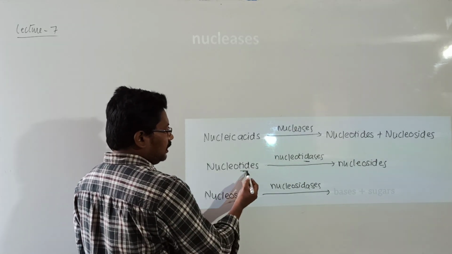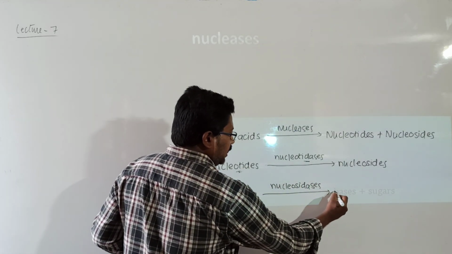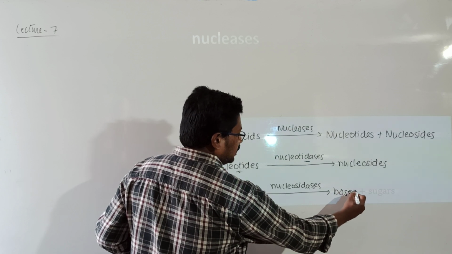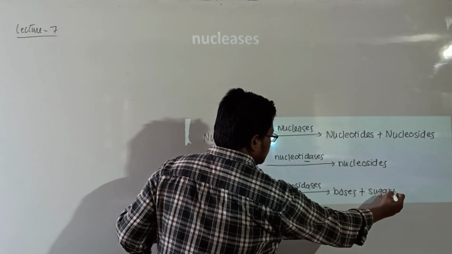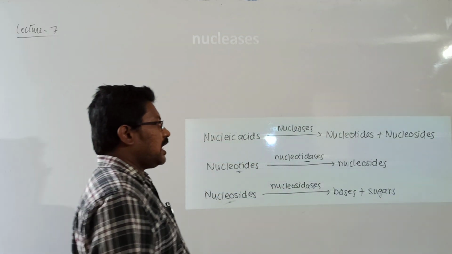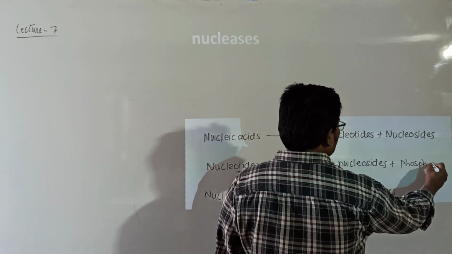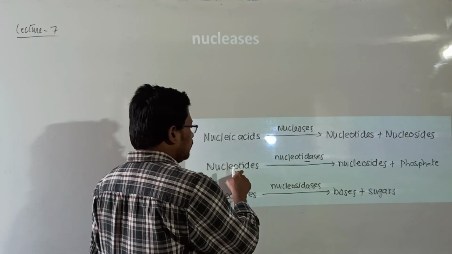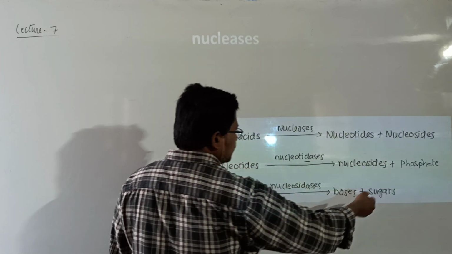Nucleosidases act on nucleosides and convert them finally into bases, that is nitrogen bases, and also release sugars. You will also get the phosphates, since the nucleotides are converted to nucleosides and phosphates.